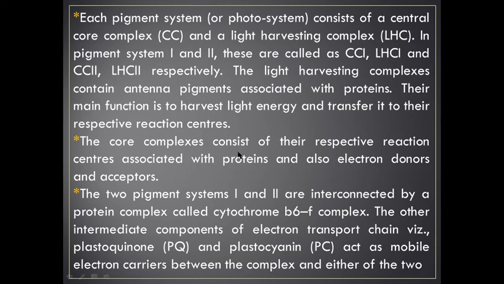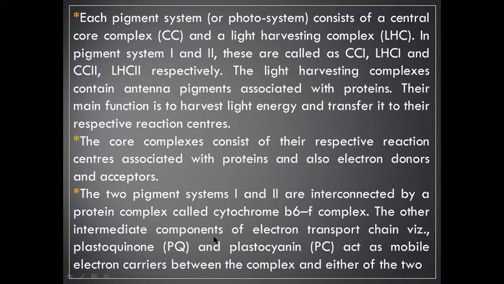The core complexes consist of their respective reaction centers associated with proteins and also electron donors and electron acceptors. The two pigment systems, pigment system first and pigment system second, are interconnected by a protein complex called cytochrome B6F complex.